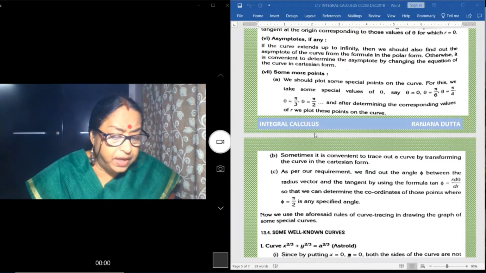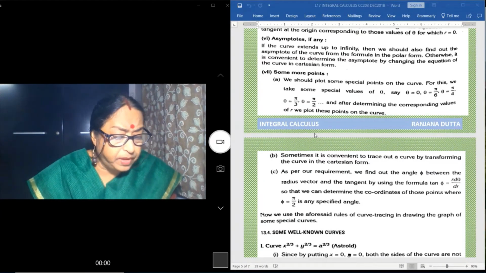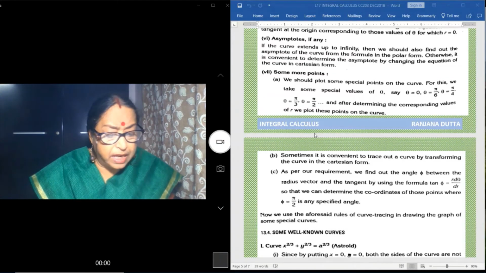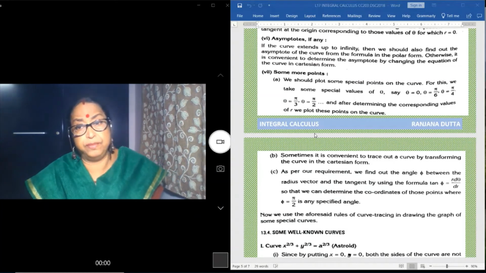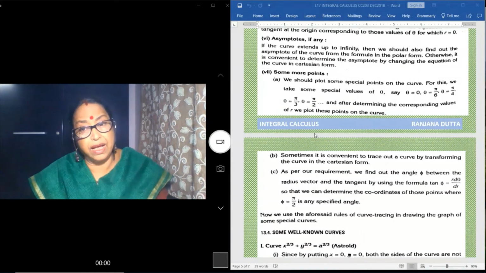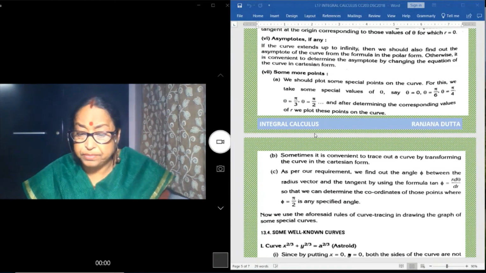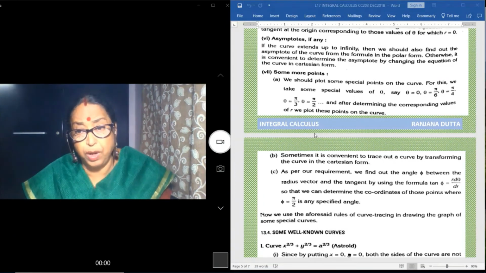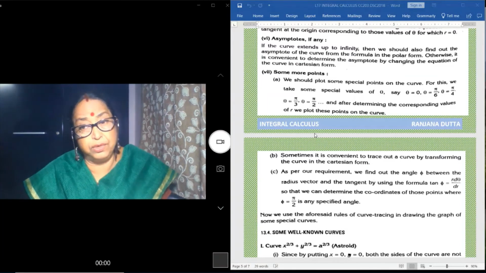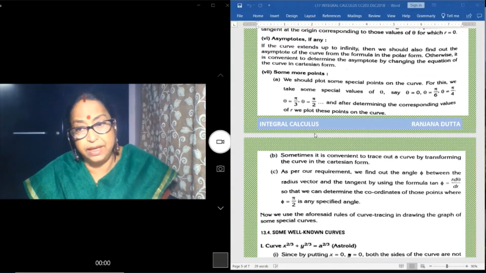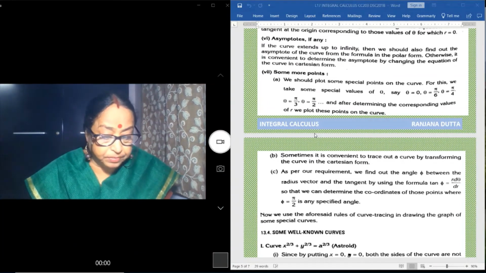Sometimes it is convenient to trace a curve by transforming it into Cartesian form. If polar curves are difficult to plot, then convert the equation, if possible, into Cartesian form and then trace the curve.